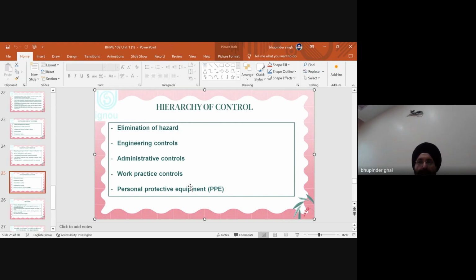Or if they are exposed to contaminants or spillage of blood or body fluid, give them all the protective equipment like face shield, face mask, goggles, gloves, and apron. So that if there is any splash of blood or body fluid, the person will not be exposed to it because he will be wearing all the protective equipment.